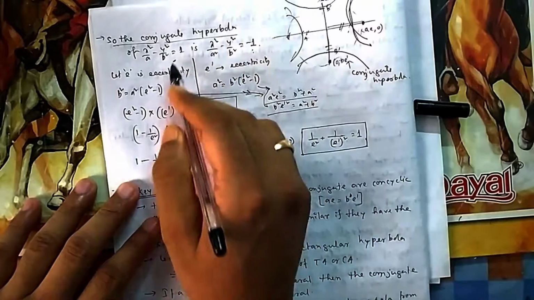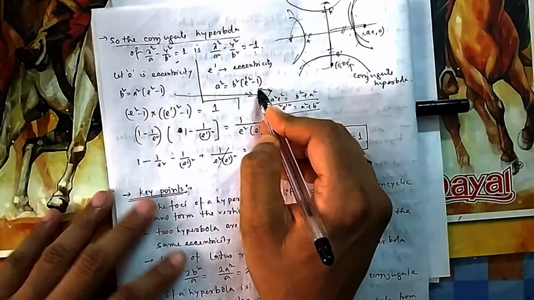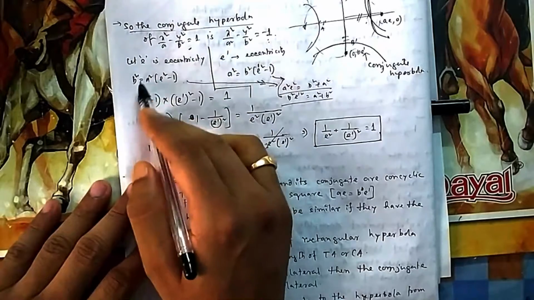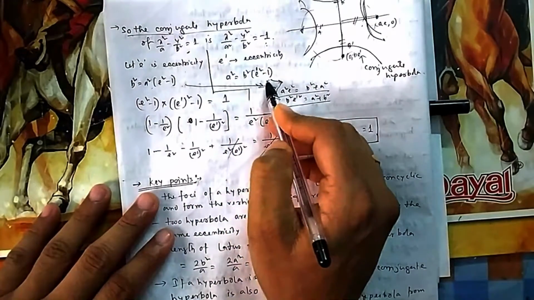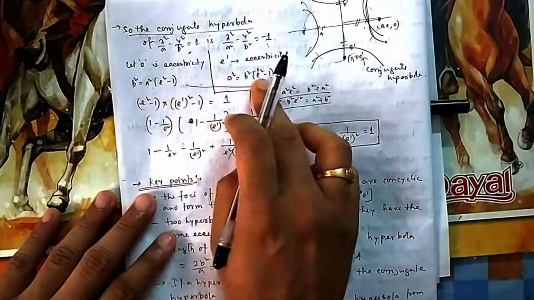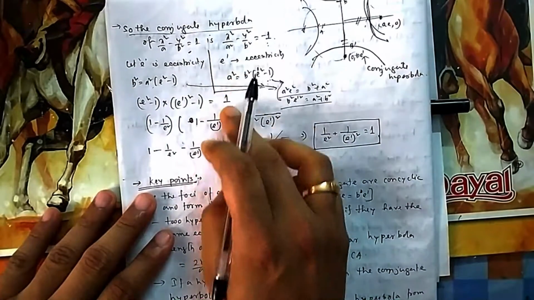Suppose the eccentricity of this one is e, and e dash is the eccentricity of the conjugate. What is the eccentricity of this? That means b square is equal to a square into e square minus 1, as we have seen. And here a square is equal to b square into e dash square minus 1. If you take the product of these two, e square minus 1 and e dash square minus 1, then it is b square by a square into a square by b square, that is 1.